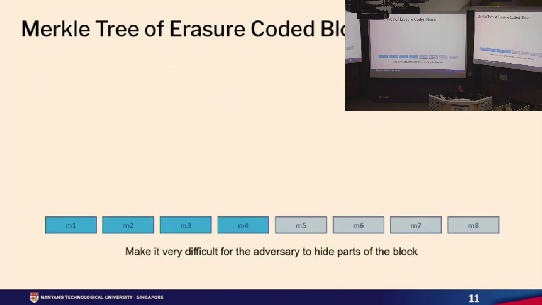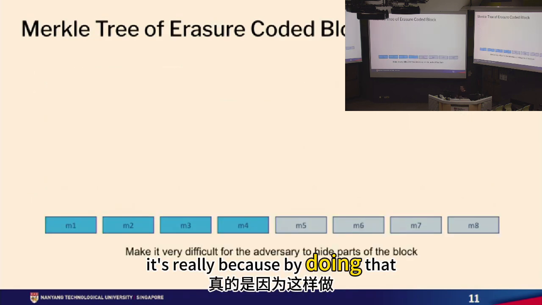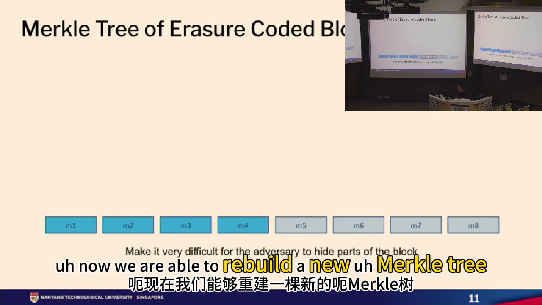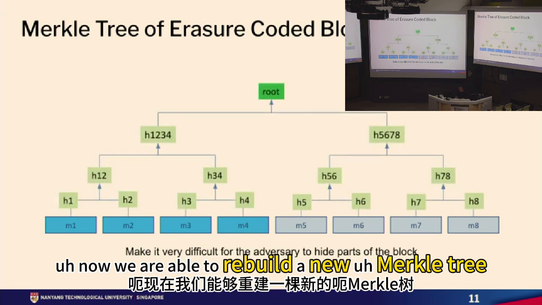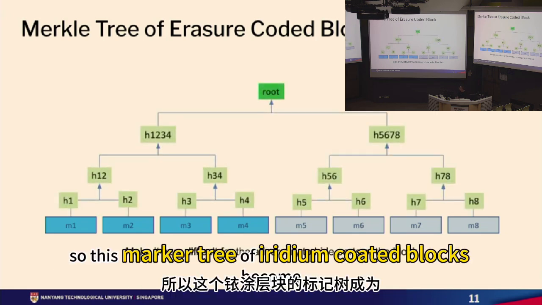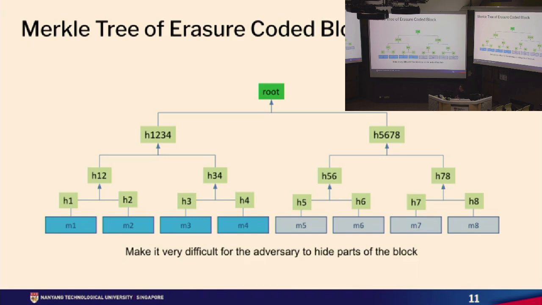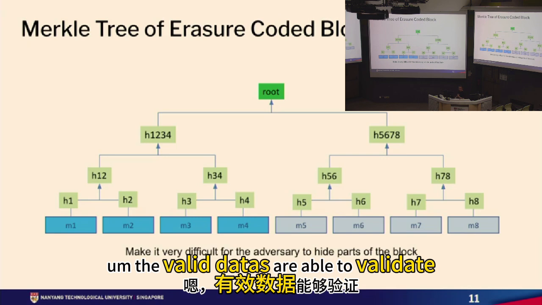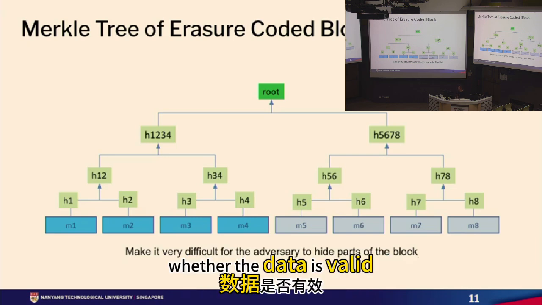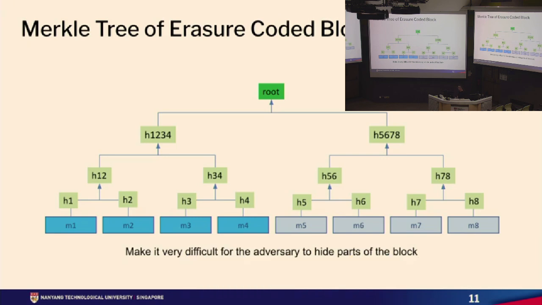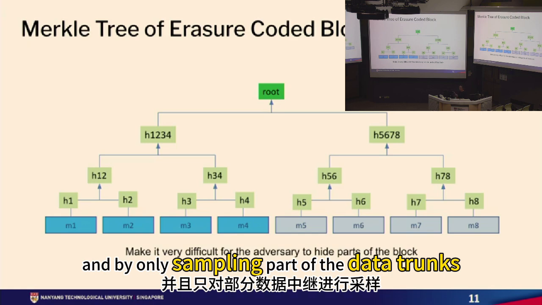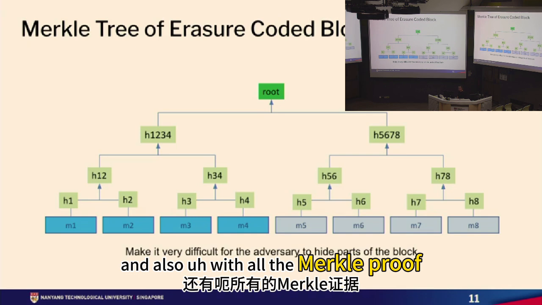Why do we do that? It's because now we are able to rebuild a new Merkle tree. This Merkle tree of erasure-coded blocks becomes the new Merkle tree that validators can use anytime to validate whether the data is valid by only sampling part of the data chunks, together with the Merkle proof.